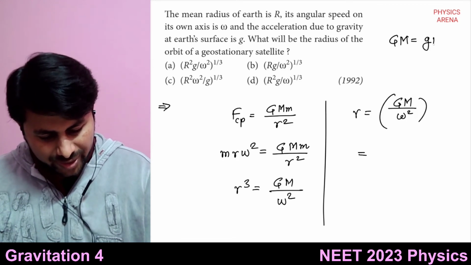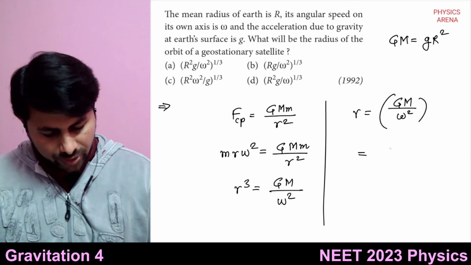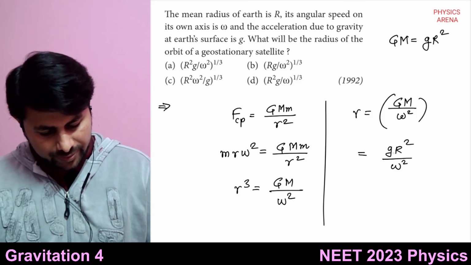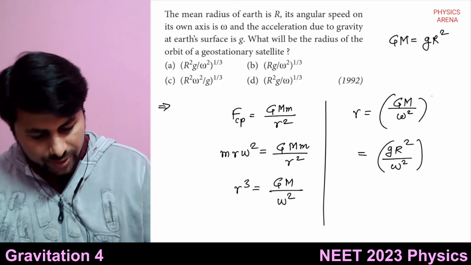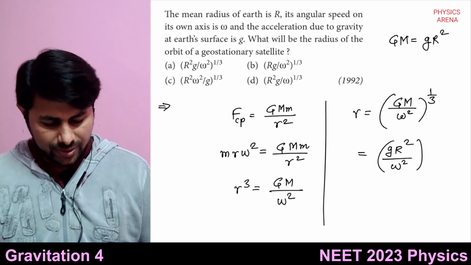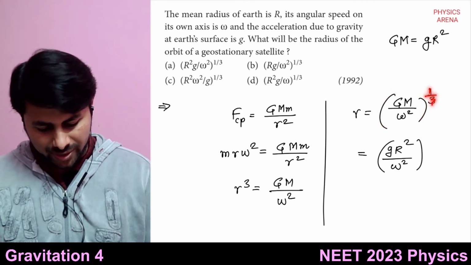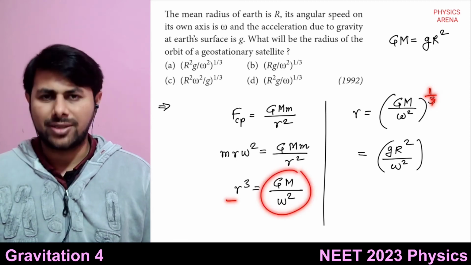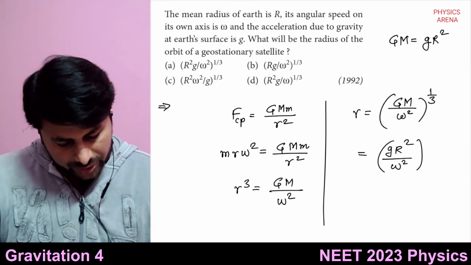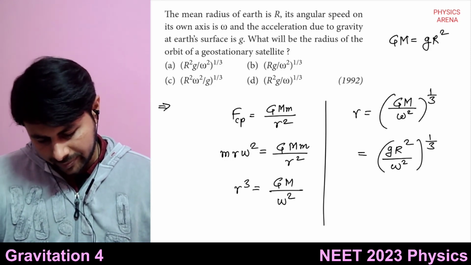So GM is equal to what? G R square. So if you substitute that, we get G R square upon omega square, and r is the cube root of that. So r cube is GM upon omega square, and r is the cube root of that.